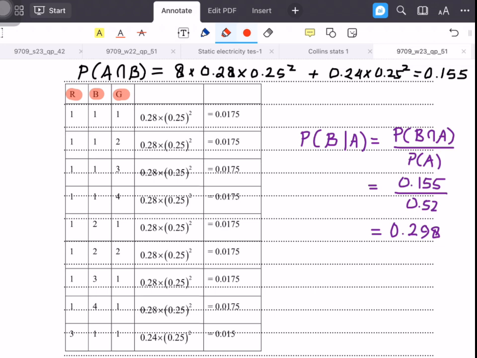So for P(A and B), we have 8 probabilities that have the value 0.28 times 0.25 squared. So we multiply by 8. And then for the last probability, in which red lands on 3, blue on 1, G on 1 also, the probability is 0.24 times 0.25 squared. So the probability P(A and B) is equal to 0.155.